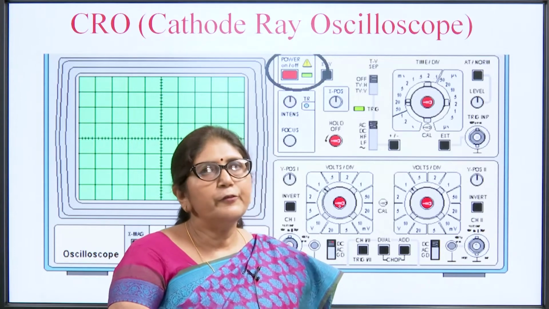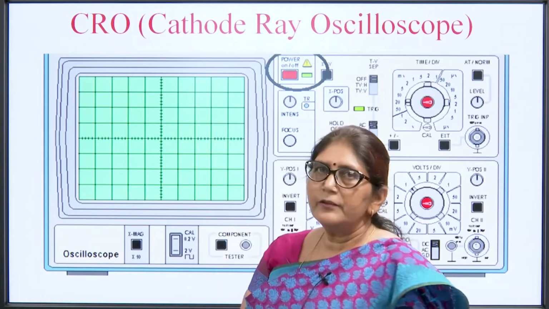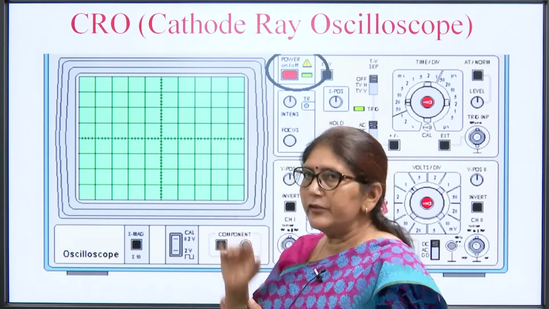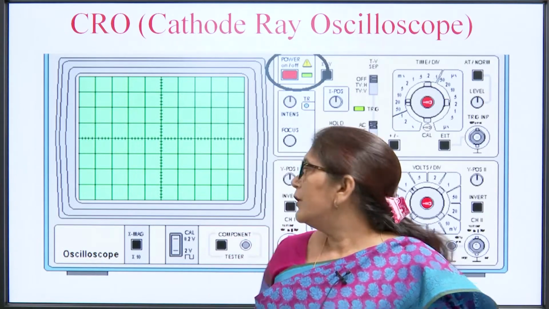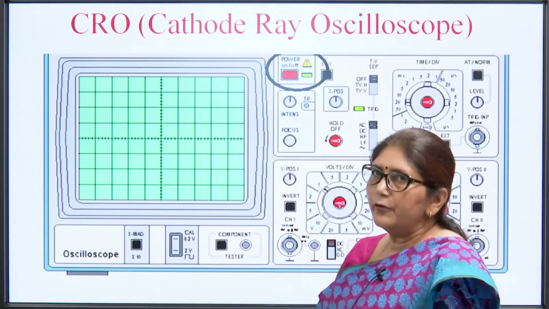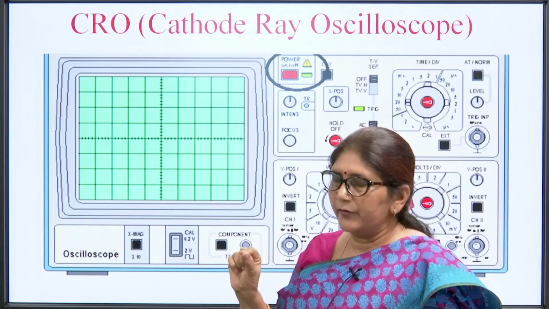Generally, if you see the screen of the CRO, it has 8 vertical divisions and each vertical division has 5 subdivisions. So if this knob is at 2 volt, it means one division has a value of 2 volts.